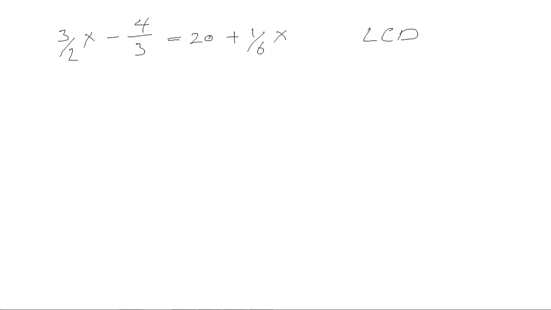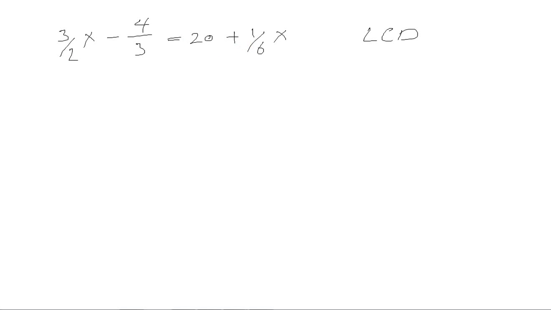The definition of the least common denominator is the smallest number that all the denominators are divisible by. Among 2, 3, and 6, the least common denominator is 6, because 6 is the smallest number such that it is divisible by 2, 3, and 6.